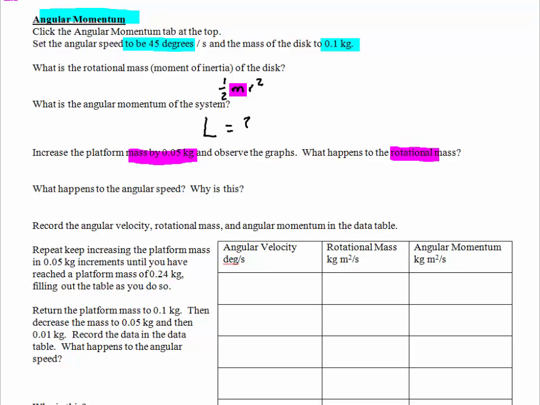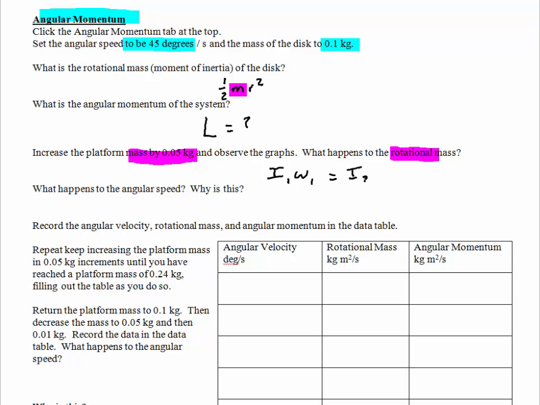Now, some things that we know: if we initially had some angular momentum, which is angular speed times rotational mass, then in the absence of external torques, that has to be equal to a constant.